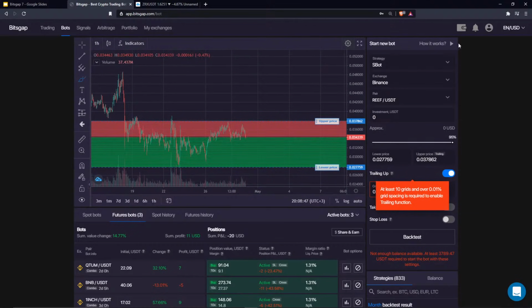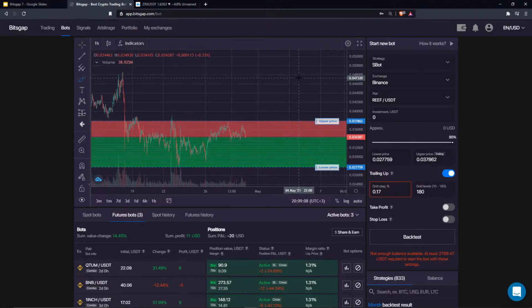Yeah, by the way, in the Combobot the trailing is automatic, so it means that it will follow the trend automatically. Actually, initially we wanted to name this bot the trend bot, but decided to call it the Combobot. But the idea at start was that it will follow the trend.